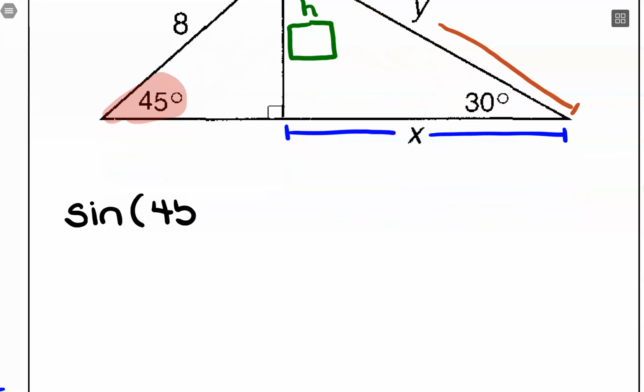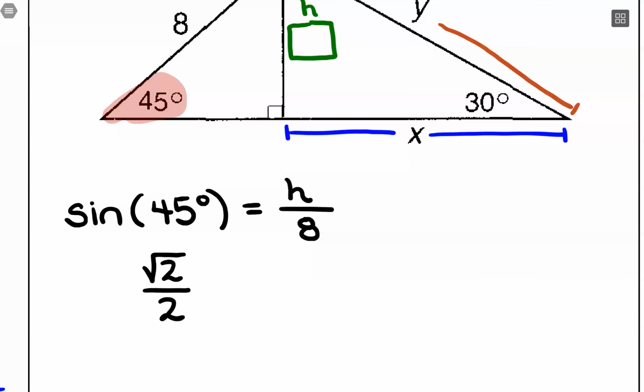Now, sine of 45 degrees is equal to opposite, which we're calling h, over hypotenuse of 8. Now I'm going to make my substitution that sine of 45 degrees is the same thing as square root of 2 over 2 equals h over 8.